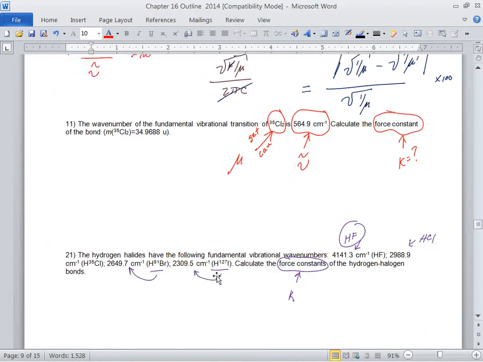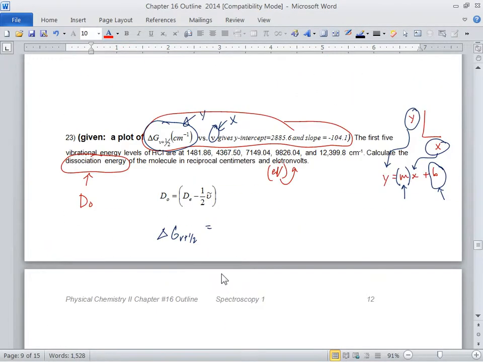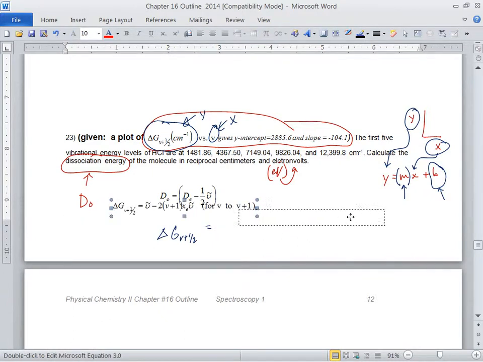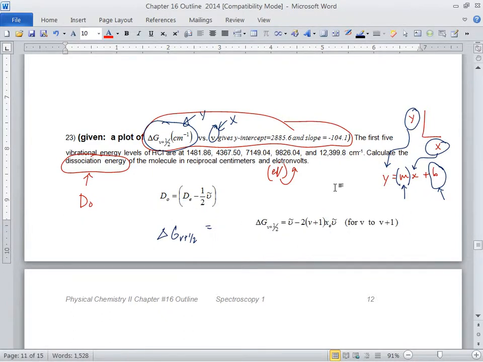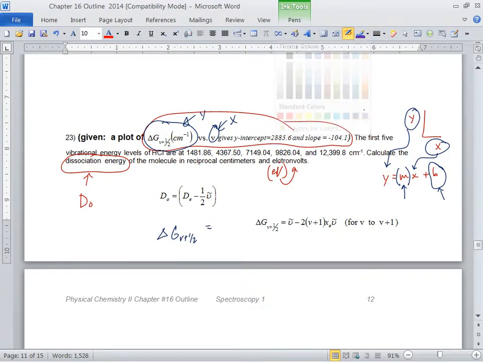Ah, yes. Okay. Now let's see if we can figure stuff out here. My slope is negative 104.1.